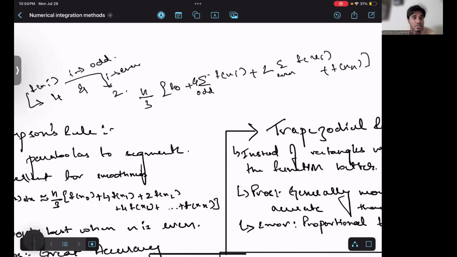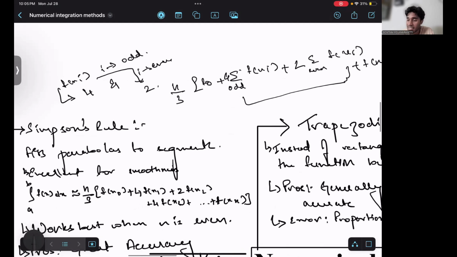Just like the trapezoidal rule, this inner part only runs from 1 to n minus 1. We just add f of x0 and f of xn without multiplying them with any constants.